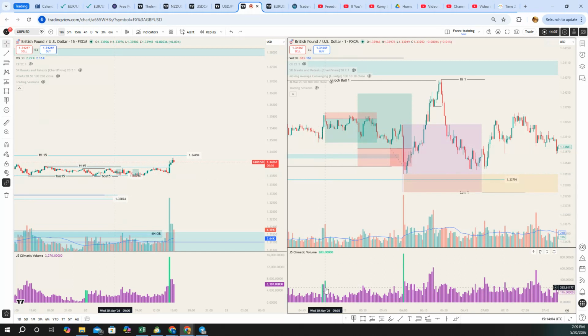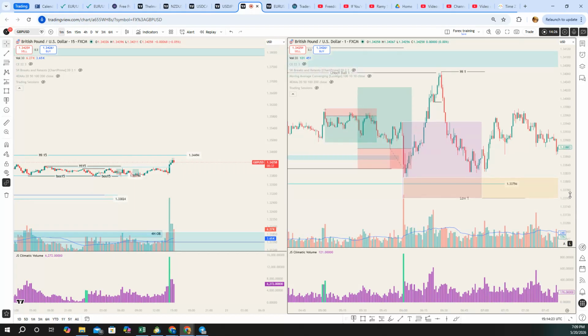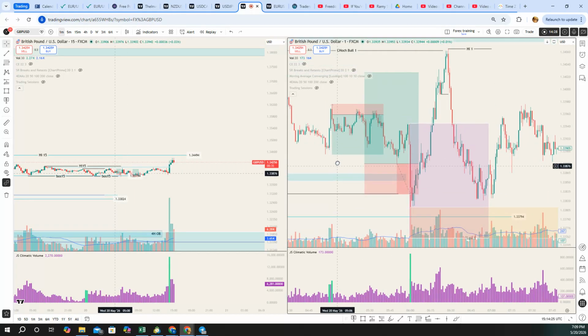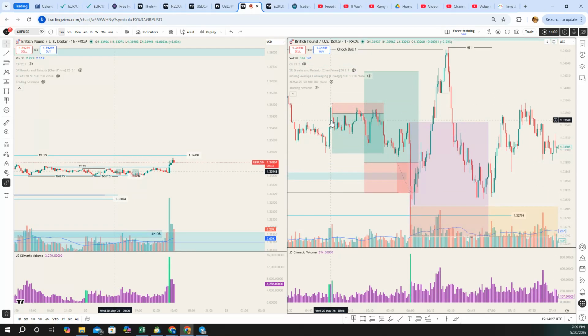These candles are volume candles, and this is the JS Climatic Volume, where the colored candle means it is a volume candle. It is treated as if it is a support resistance area. The way to deal with this is to draw from wick to wick the rectangle, the area of the whole area of the candle.